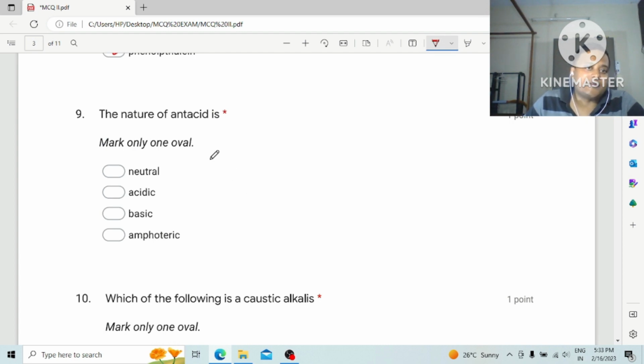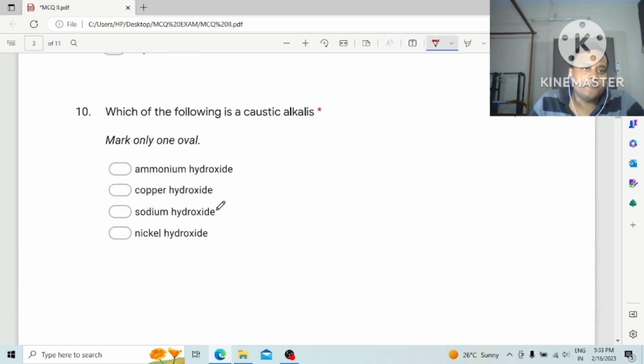Next, antacid. What is the use of an antacid? It is used to neutralize acid, so its property is basic. Caustic alkali: caustic means corrosive in nature, so harmful. Sodium hydroxide is corrosive in nature, that's why it is called caustic alkali.